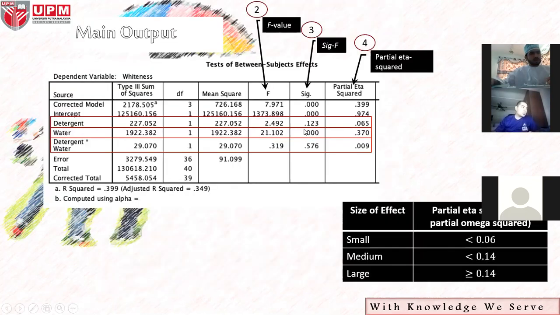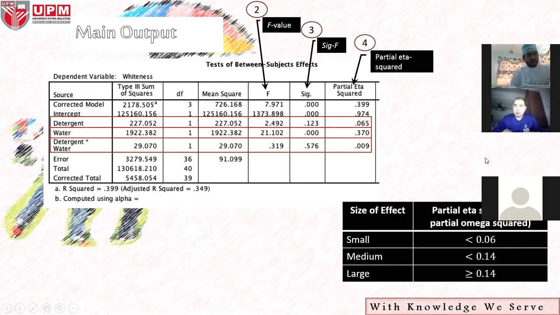For water, since the significant value is less than alpha 0.05, we can conclude that there is a significant main effect of water. In terms of the interaction, based on the significant value, we can also conclude that there is no significant interaction effect of detergent and water towards clothes whiteness.